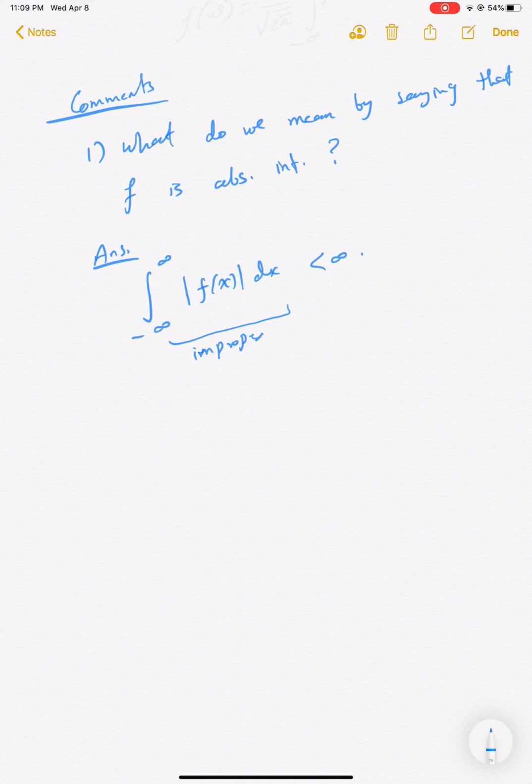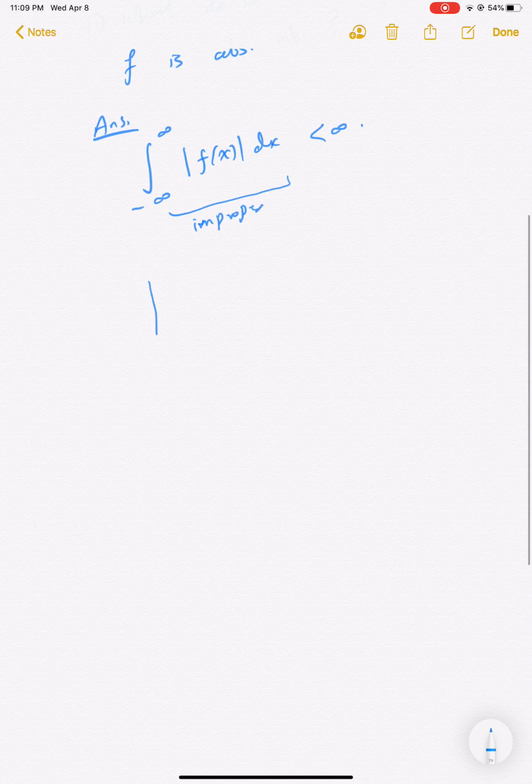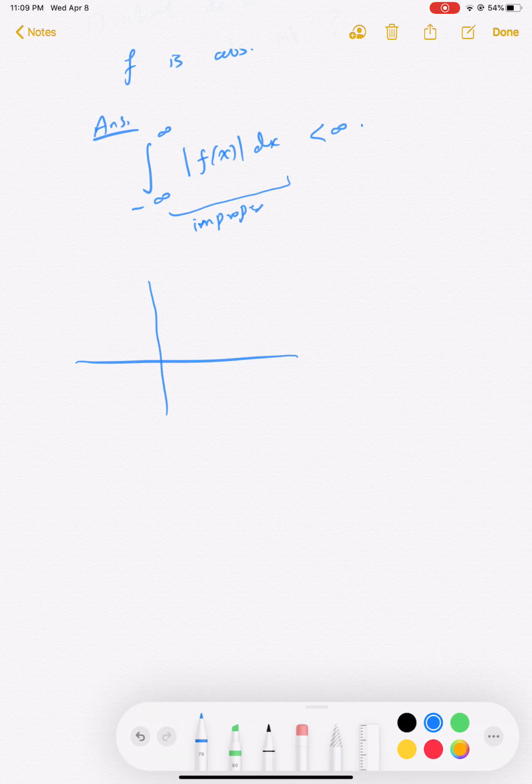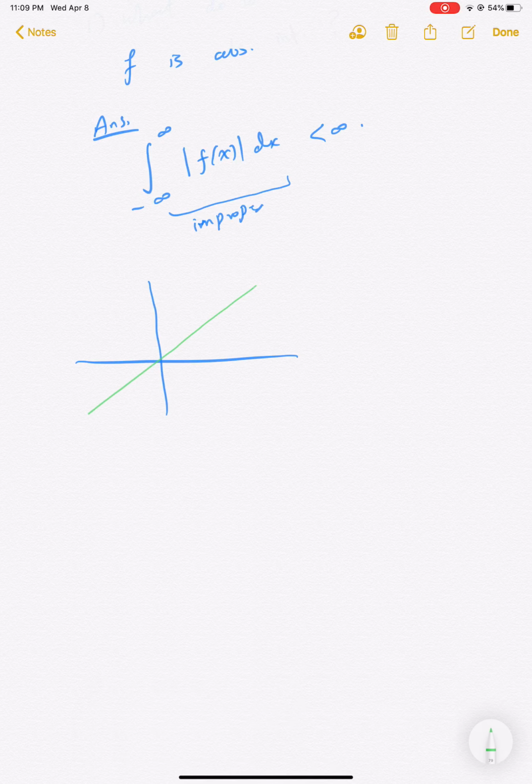What's the geometric meaning of this? How do we understand this? So, for example, if you draw a simple function, like y equals x, which is one of the most simple functions, and you try to integrate from negative infinity to infinity the absolute value of x dx, I think it's very clear, because the integral of the absolute value is basically the area between the function and the x-axis.